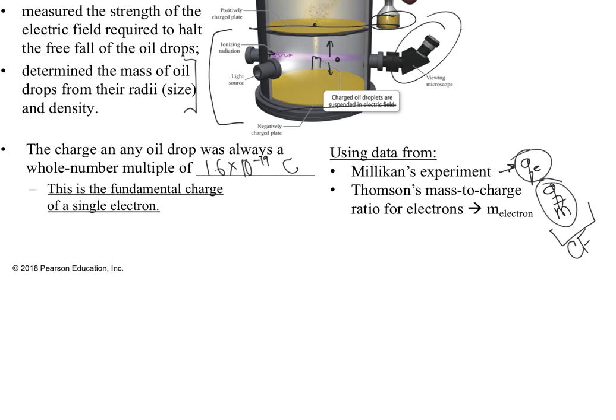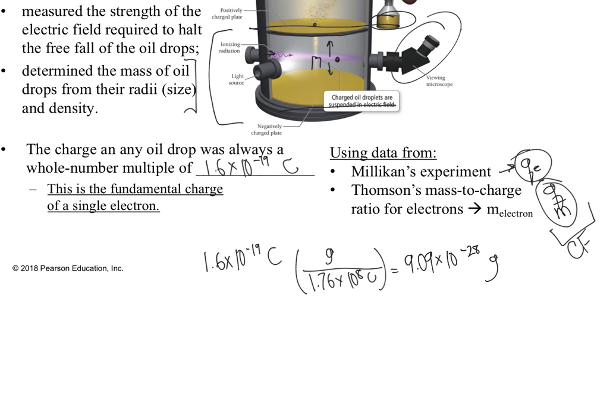So if we take Millikan's experiment, where each electron has a charge of 1.6 times 10 to the negative 19 coulombs, and then we take the Thomson experiment, where the charge to mass ratio was 1.76 times 10 to the 8 coulombs per gram of material, we get that an electron weighs 9.09 times 10 to the negative 28 grams.